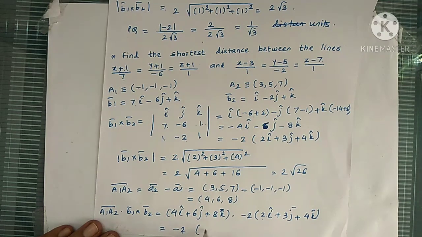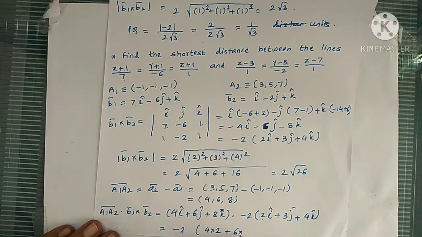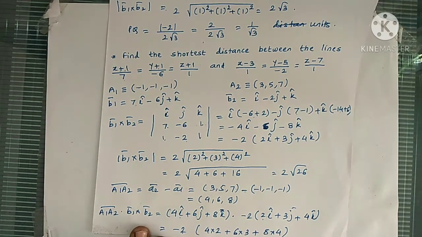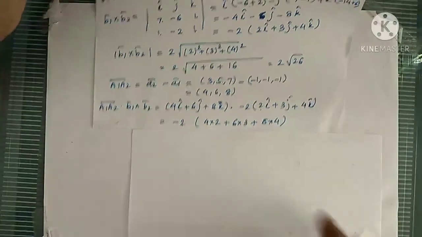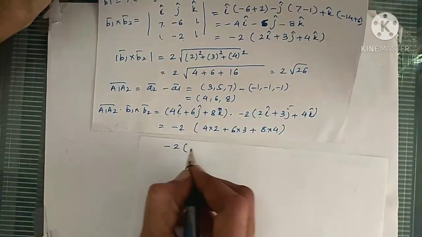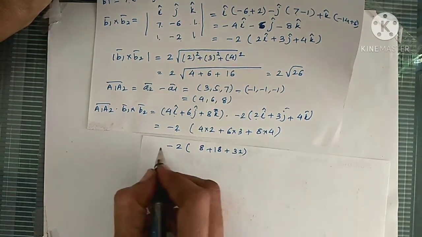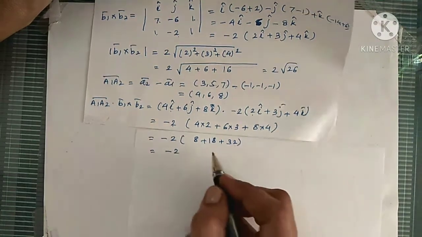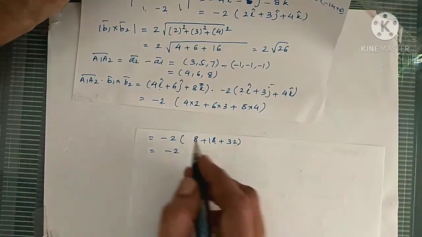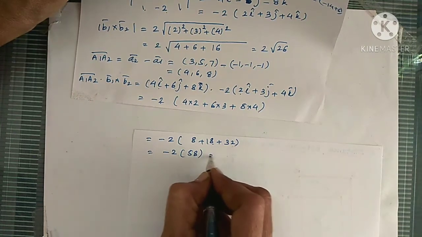Then multiply the coefficients of i cap and add it to the product of the coefficients of j cap, 6 into 3, 8 into 4. So now this calculation becomes minus 2 times 8 plus 18 plus 32. So that is minus 2 times, 18 plus 32 is 50, 50 plus 8 is 58.